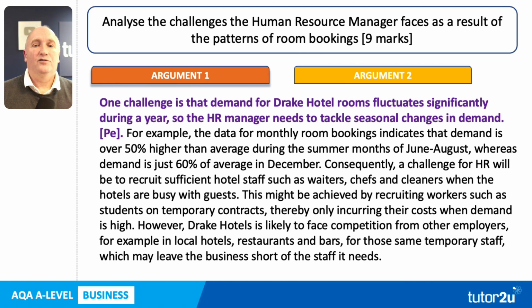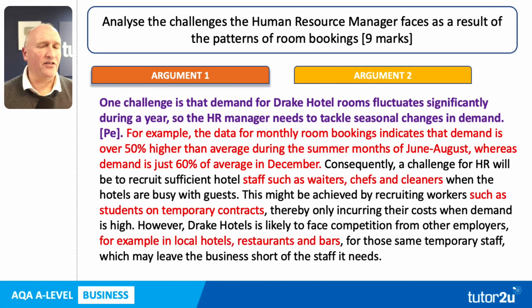However, Drake Hotels is likely to face competition from other employers, for example, local hotels, restaurants and bars, for those same temporary staff, which might leave the business short of the staff it needs. So I think that's a good explanation of that particular challenge. How do you make sure you've got enough staff for the peak months of June, July and August?